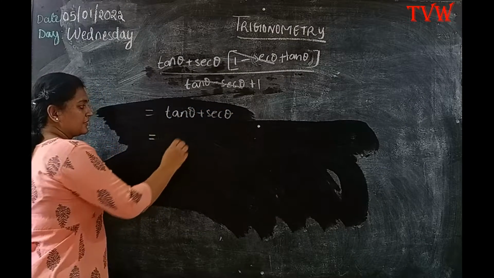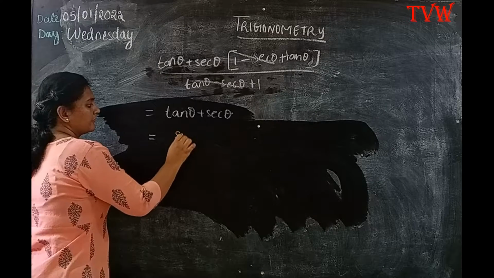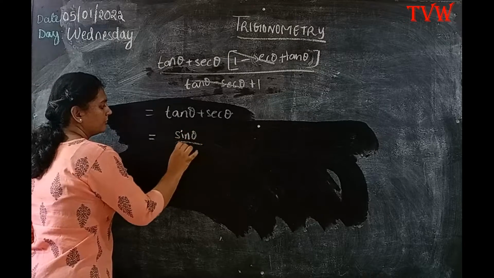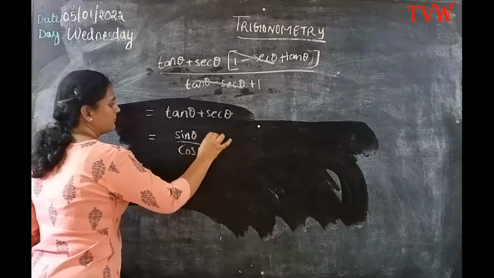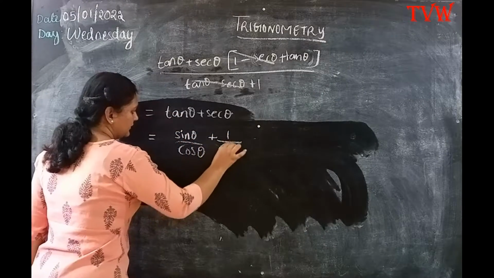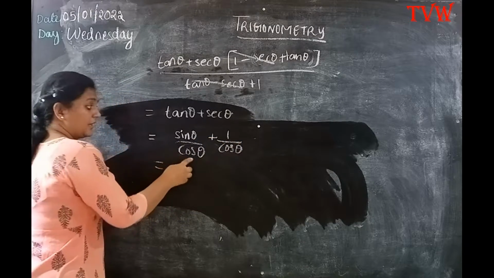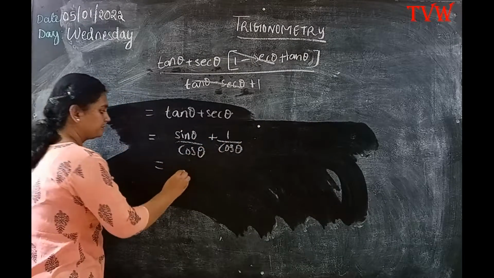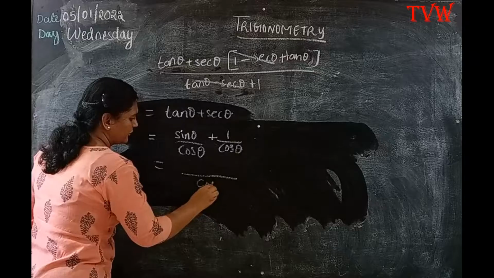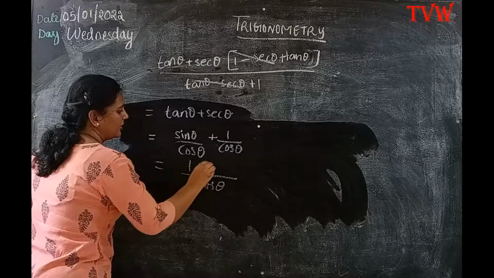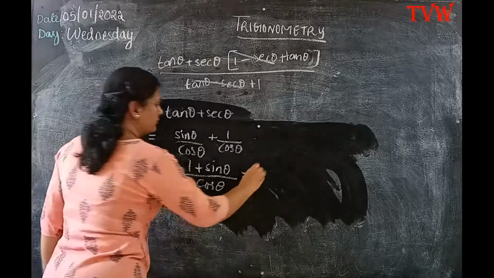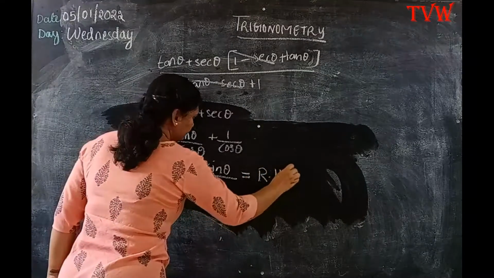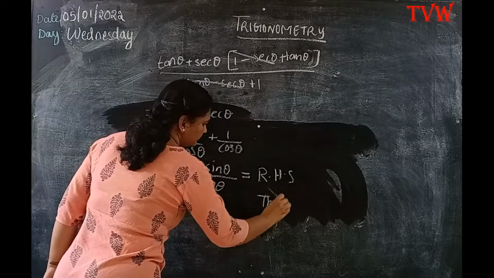Now this can be written as sin theta by cos theta, because tan theta is nothing but sin theta by cos theta, plus 1 divided by cos theta. I do have a common term as the denominator, so I'm going to write this as (1 + sin theta) divided by cos theta. And this, in the question, was our RHS. Thus, proved.